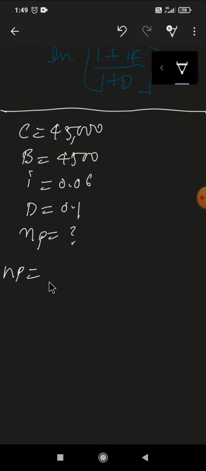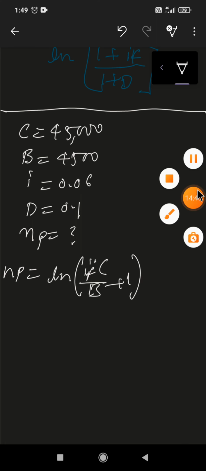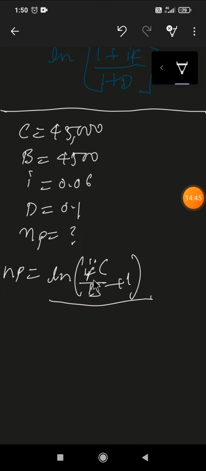The formula is ln of (IF into C upon b plus 1), divided by ln of 1 plus IF.